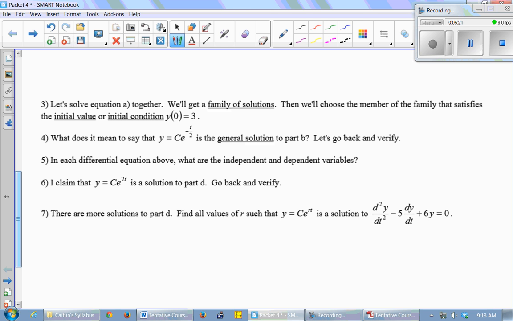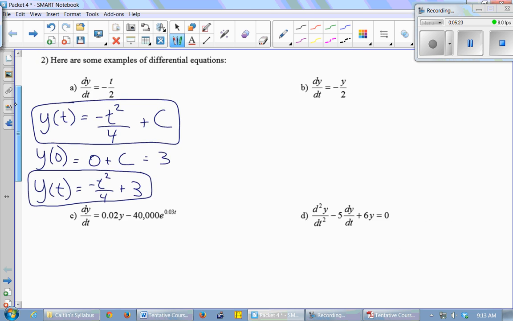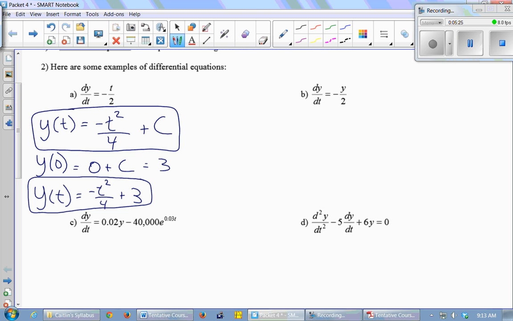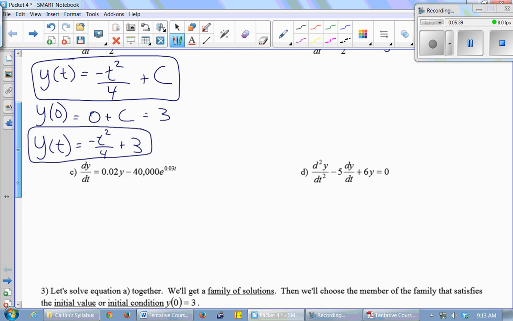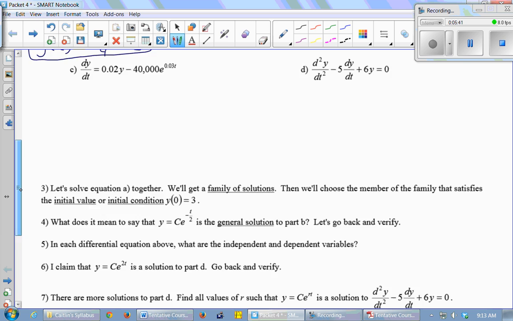We don't quite have the techniques to do it, right? This one I was able to do because I only had t's on the right-hand side, so you could just sort of take an antiderivative. But this one I don't really have the tools, so I'm just going to tell you that the solution is c e to the negative t over 2.